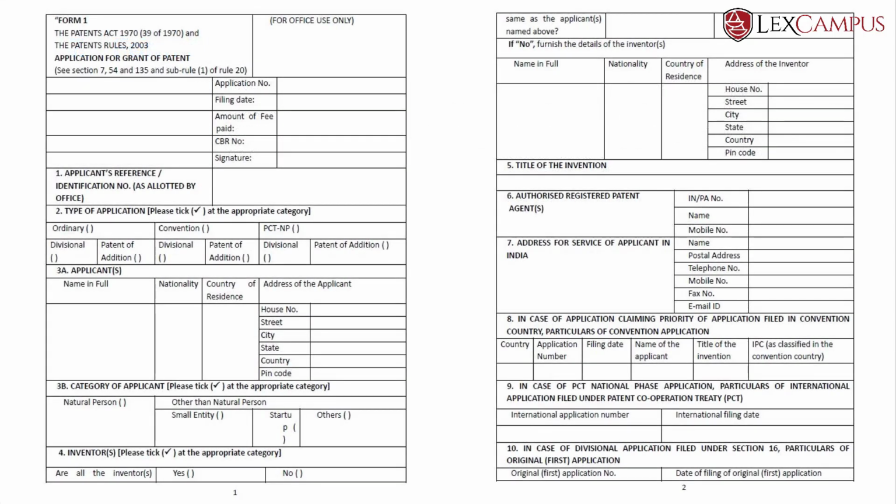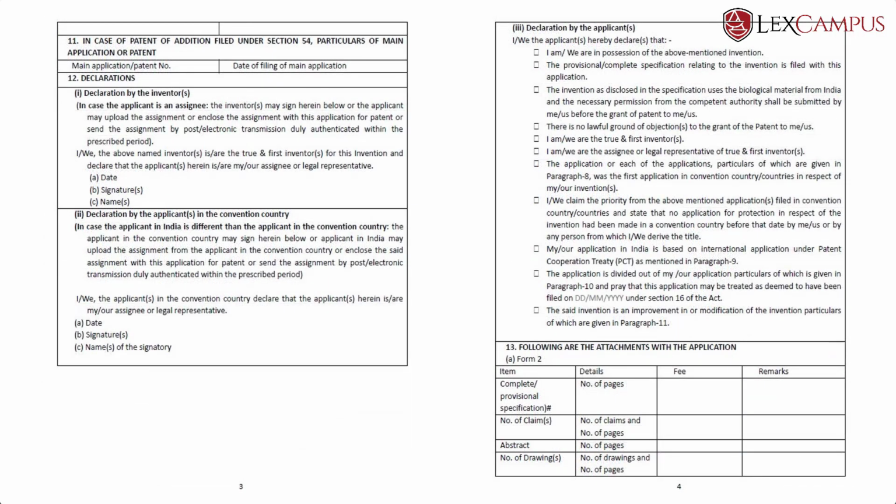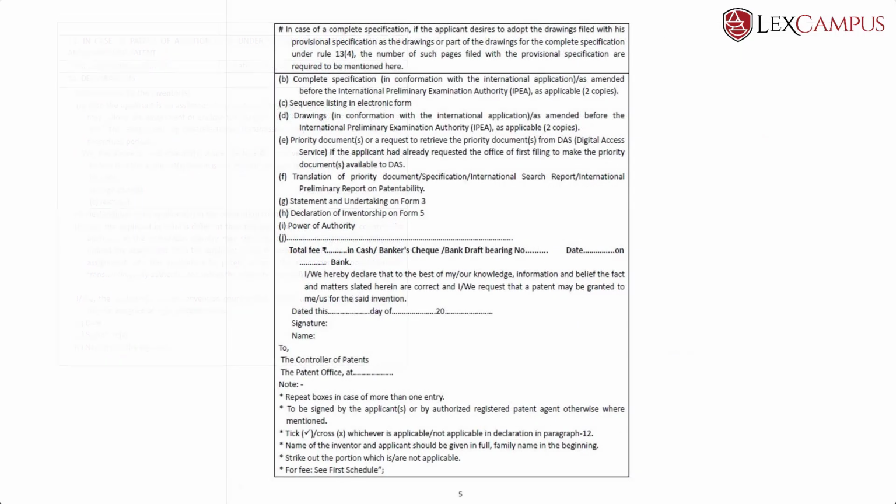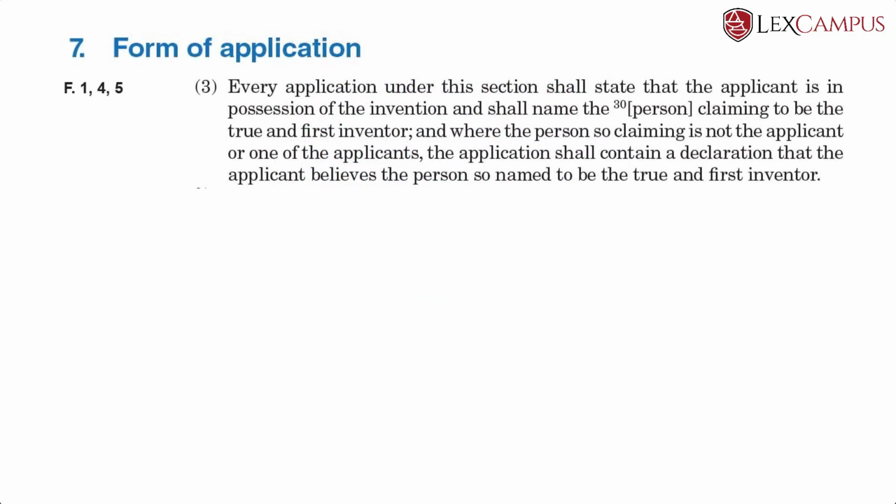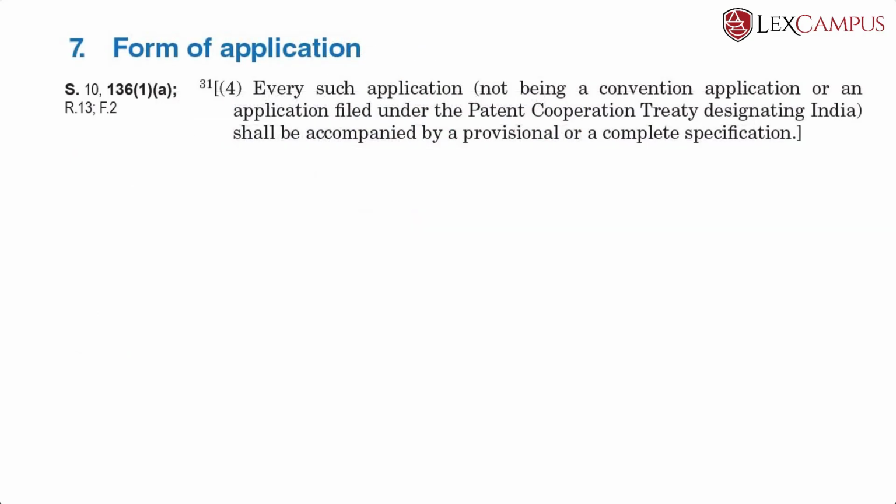Now this largely describes certain things that are contained in Form 1. There is a requirement that the applicant who makes the application has to show that the applicant is in possession of the invention.